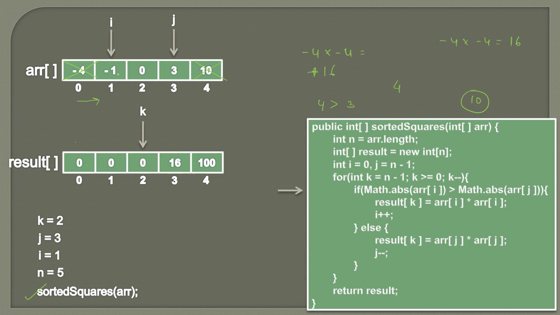Now we'll do math.absolute of -1, which will give us 1, and math.absolute of 3, which will give us 3. So this condition comes out to be false because 1 is not greater than 3. So we can safely put 3's square here, which will be 9.